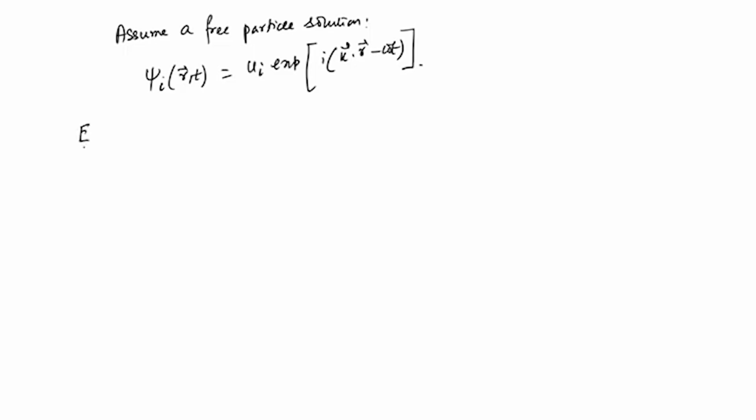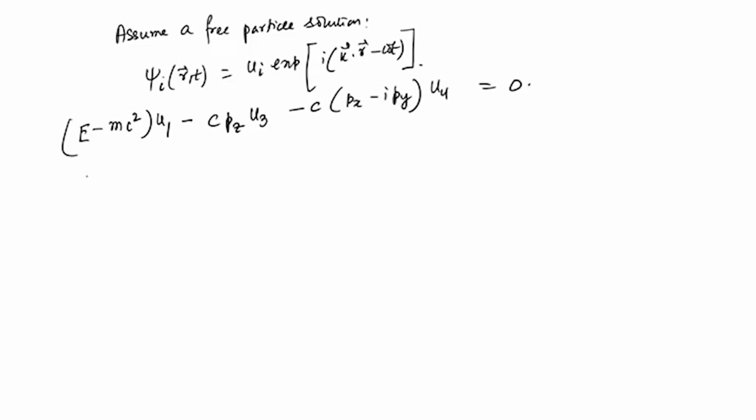Now the Dirac equation, unlike the Schrodinger equation, which was just a single equation, is a matrix equation. So there will be 4 coupled equations. The first is (E minus m c square) u1 minus c p_z u3 minus c (p_x minus i p_y) u4 equal to 0, there is no u2 here.